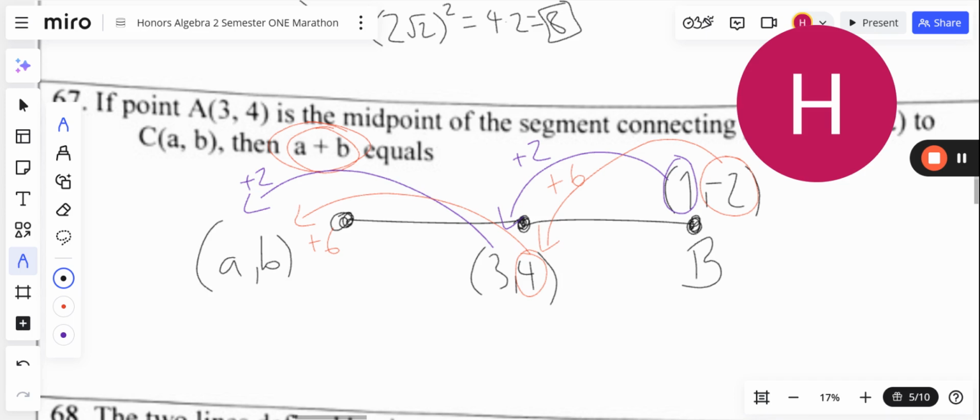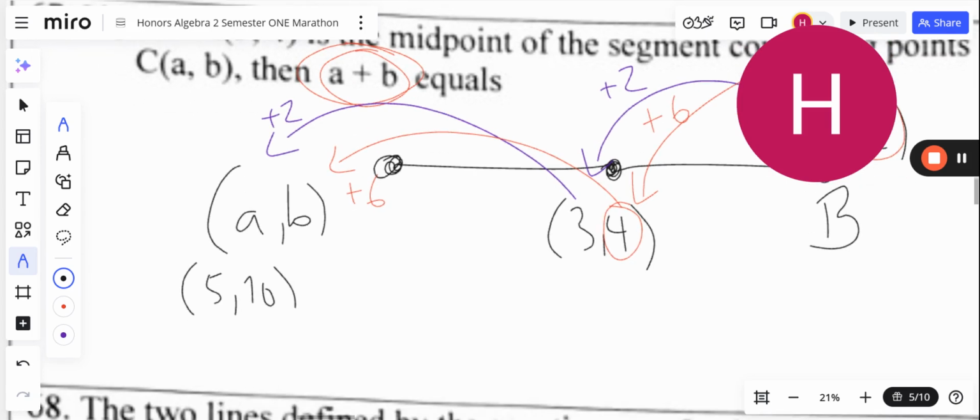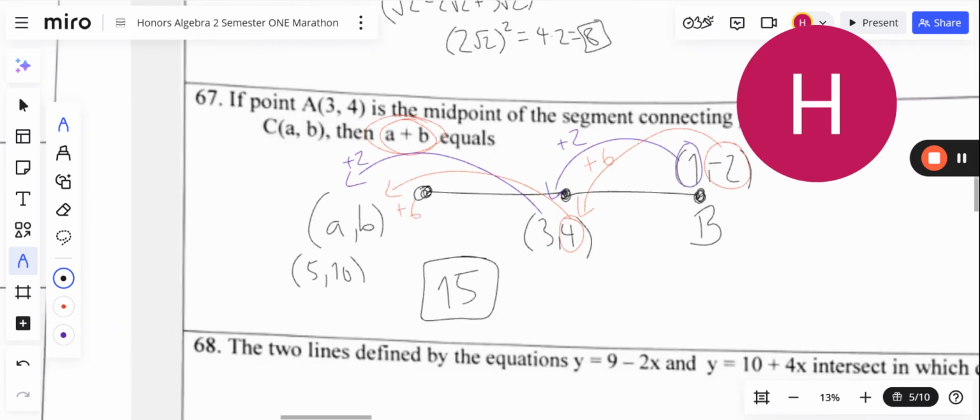It's an identical path because you were going straight there. So if you're going straight somewhere and you're halfway there, you just do the same thing you did and you'll finish the second half. That's why it's called half. So that means this point is at 5, 10. And therefore the A and B, 5, 10, we add them together, 15. Nice. Very nice.